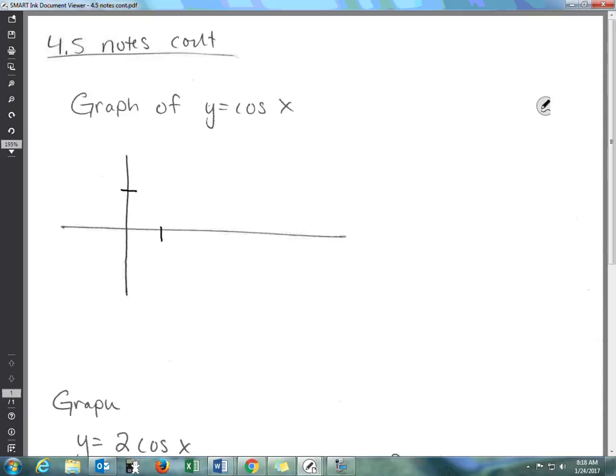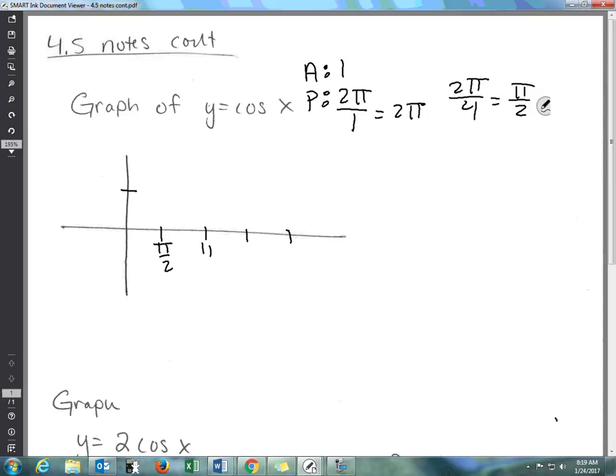So remember, your A is 1, and your period length is 2 pi divided by the number in front of the x, which in this case is 1, so it's 2 pi. I'm going to take 2 pi and divide it by 4, so I can get my 4 points along the x-axis, and I get pi over 2. So that's how I get pi over 2, pi, 3 pi over 2, and 2 pi, right?